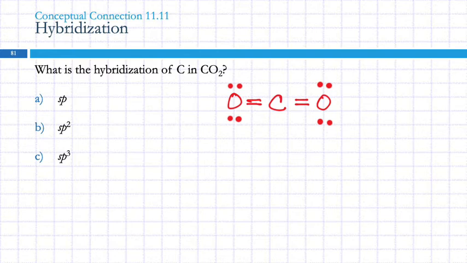Sigma bonds can be any kind of orbital. They can be unhybridized or they can be hybrid. So I need to have 1 sigma bond over here, and I need to have 1 sigma bond over there. So what am I going to hybridize to get 2? SP.